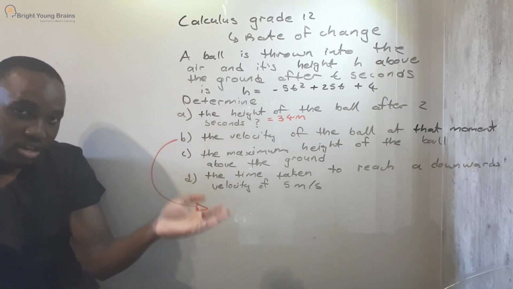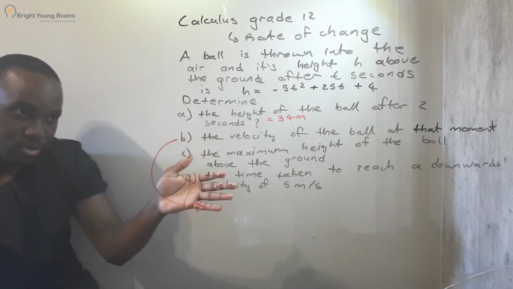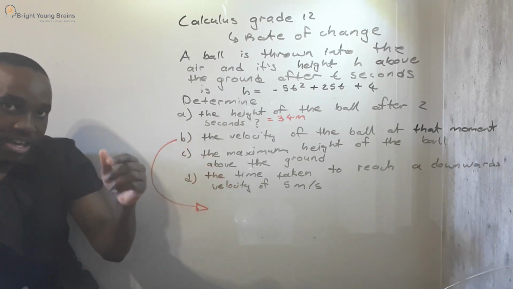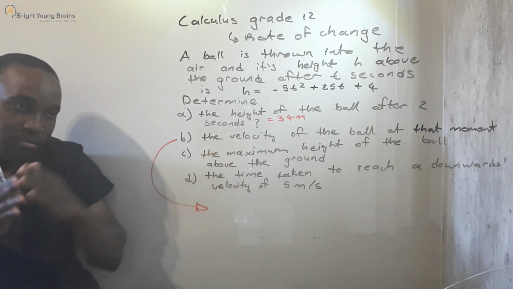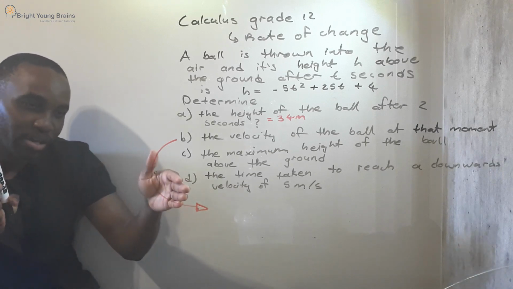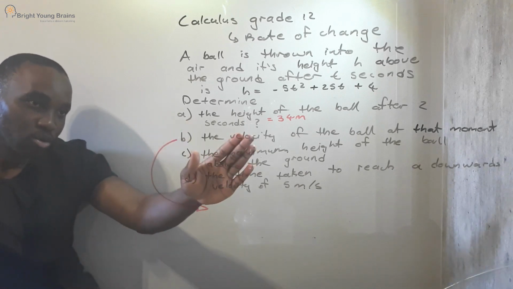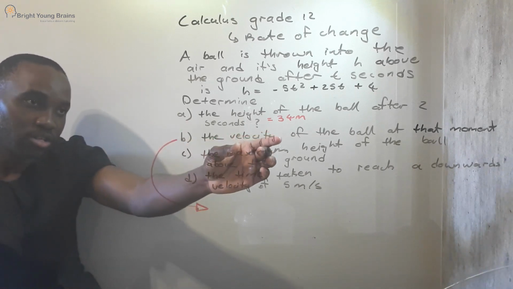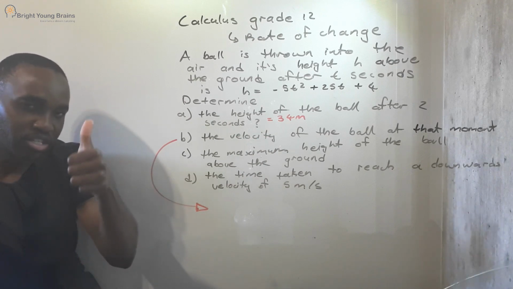And the rate at which distance is being covered refers to speed, because usually if your speed is high, it means you're covering distance at a much faster pace. If your speed is low, it means that you're covering distance at a much slower pace. So to not overly complicate things, with this particular question, if we're going to work with velocity, velocity refers to the rate at which distance is changing.